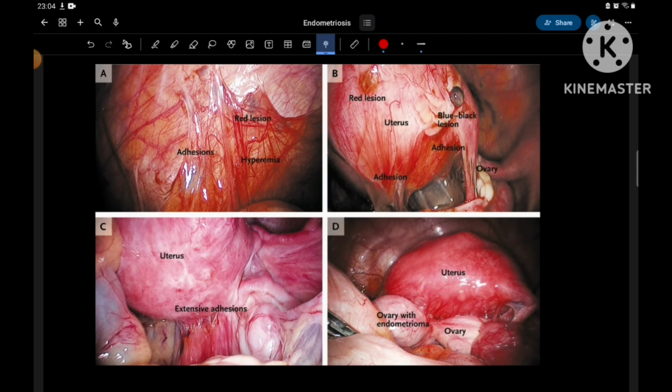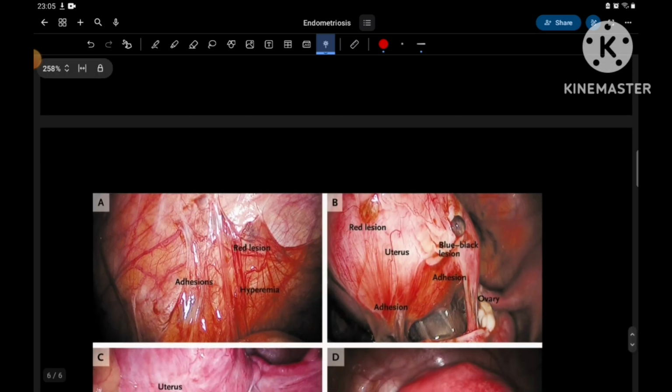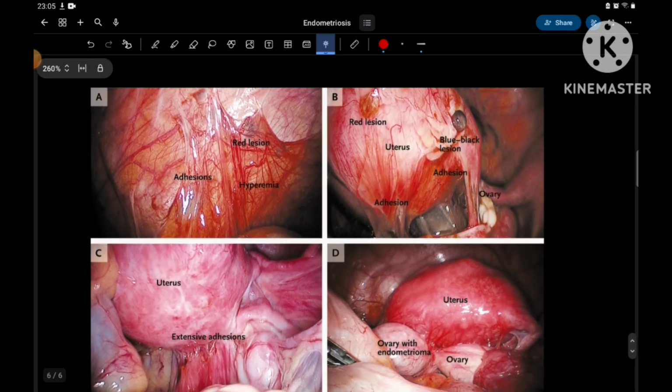The chocolate cyst, in transvaginal sonography, will have a ground glass appearance. Here you can see that it is dark in color. Mainly I remember it as it is because of hemosiderin, chocolate cyst.